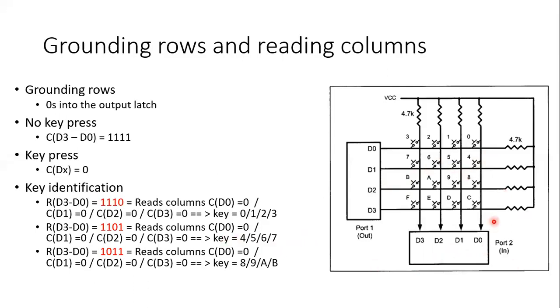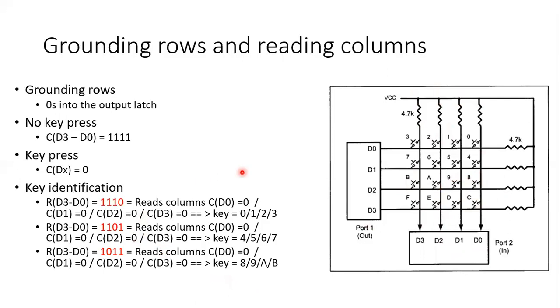If this column is having a value 0, then the key press may be 8. If this column is having the value 0, then the key press may be 9. If this is having 0, then the key press may be A, and if this is having 0, the key press may be B. In such a way we identify the key.